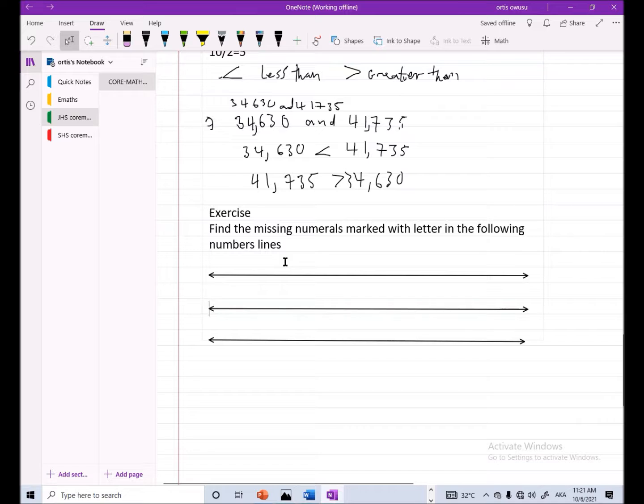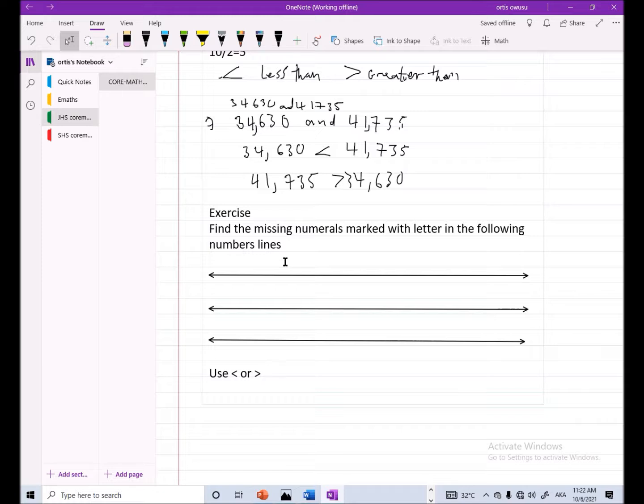Before I come in, let me write this down. It says use greater or less than. Should I bring equal to? Greater or equal?